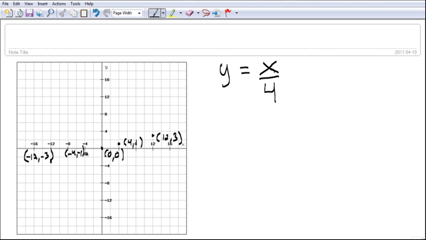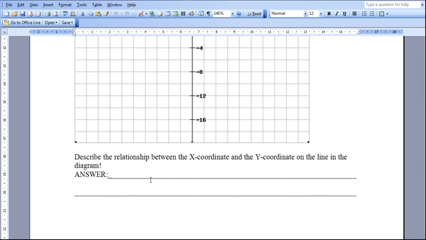For example, when we increase x by 4, we increase y by 1 if we choose this and this point. That could be an answer. But do it yourself and choose 2 of these points. Next one.